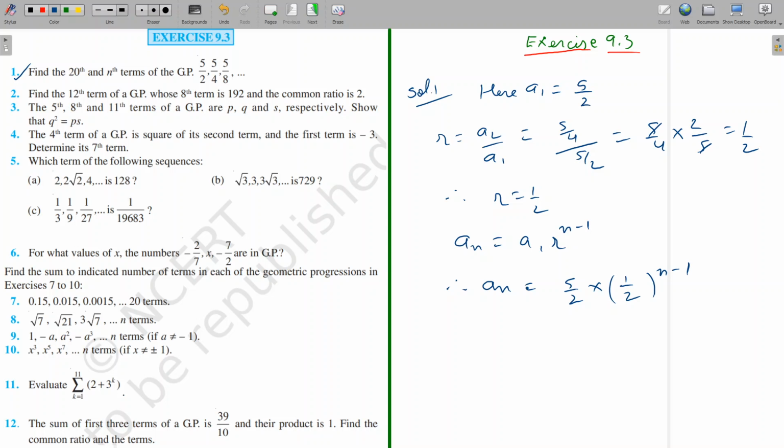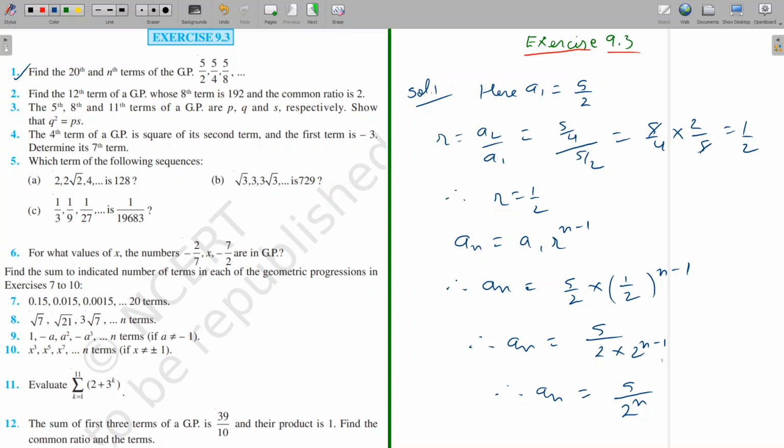We can simplify it: 1/2 can be written as 2 raised to minus 1, so we get 5/2 into 2 raised to minus (n minus 1). Therefore a_n equals 5 over 2 raised to n.